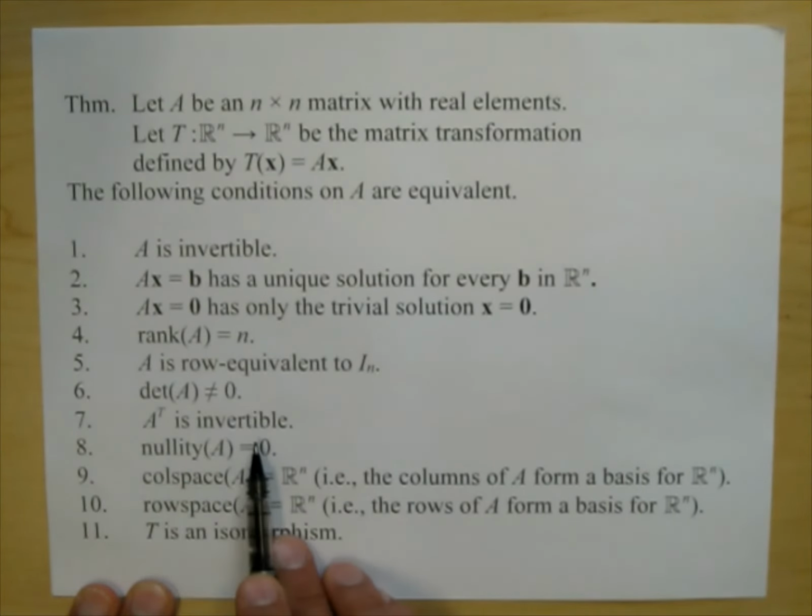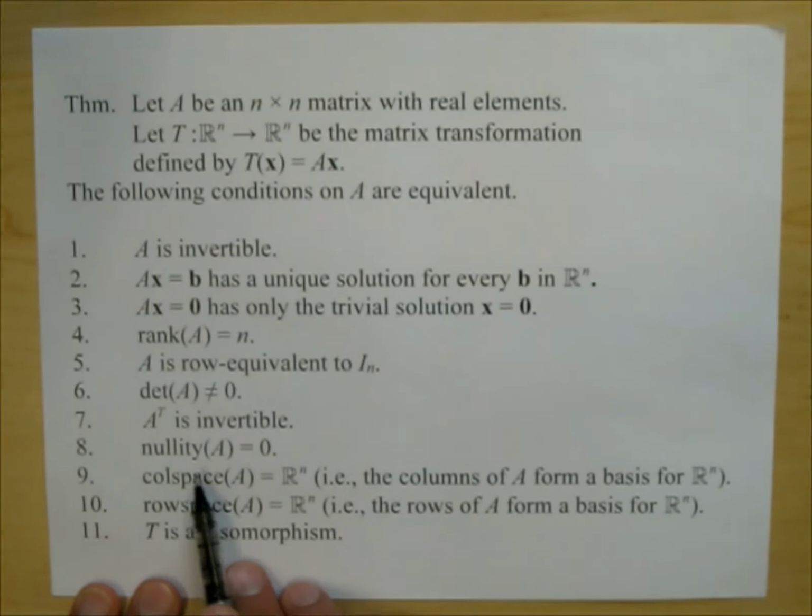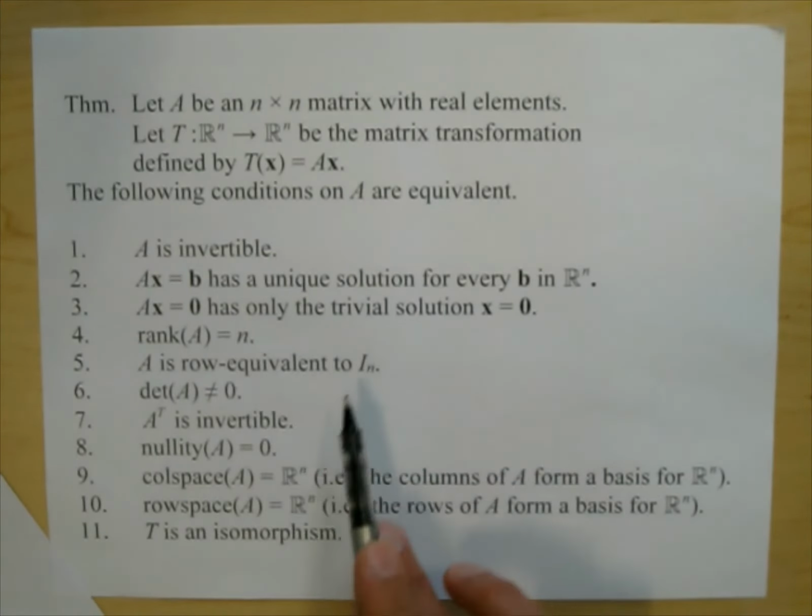A transpose is invertible. The nullity of A is 0. I think we've seen these ones. The column space of A is Rn. The row space of A is Rn. And then here's the new one right here. T is an isomorphism.